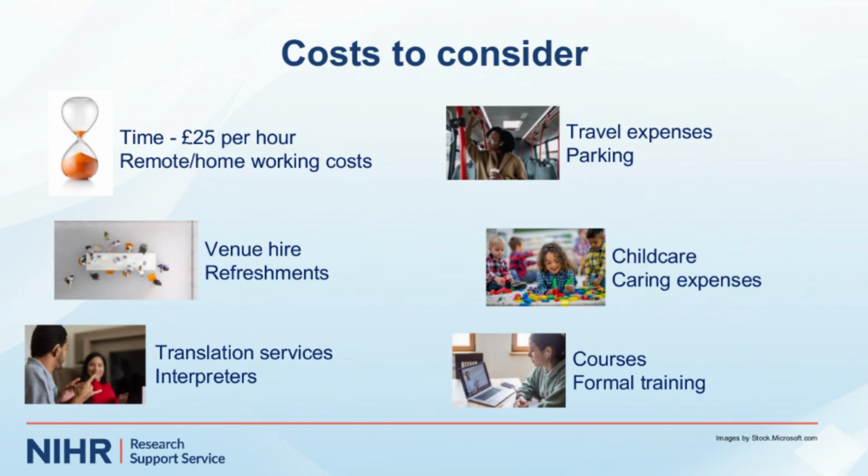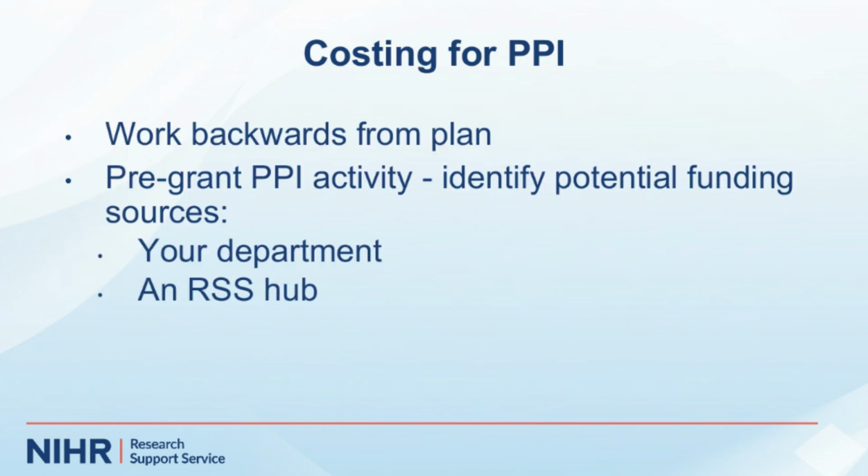If you're thinking of ongoing PPI plans and having PPI working with you throughout the delivery of your project, then attending relevant courses and formal training, both for your PPI representatives and yourself, will be really useful. When it comes to costing for PPI, it's helpful to work backwards from your plan.